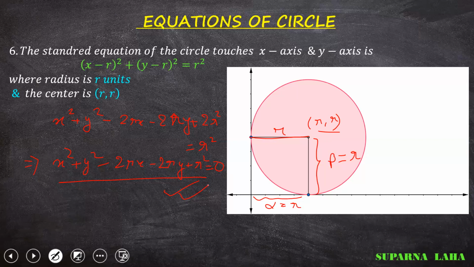First of all, go through these two parts of this chapter. That is, if the equation is given, then find its center and radius. And if the center and radius are given, find its equation.